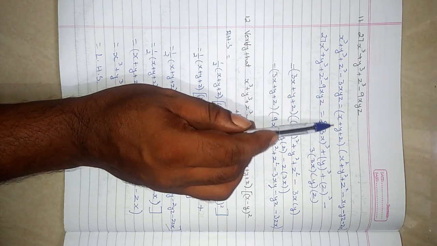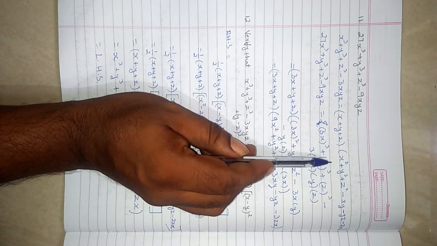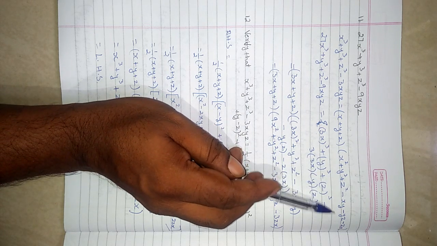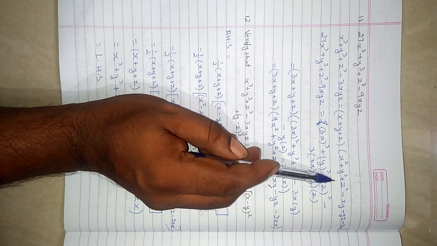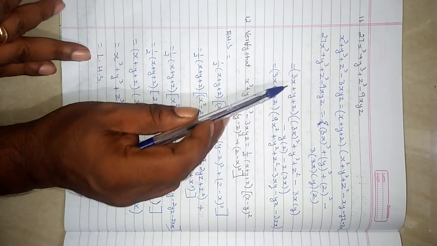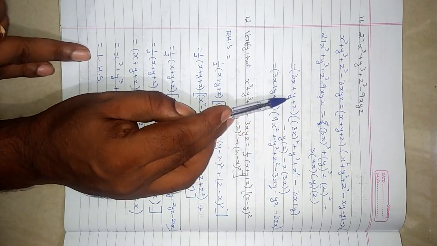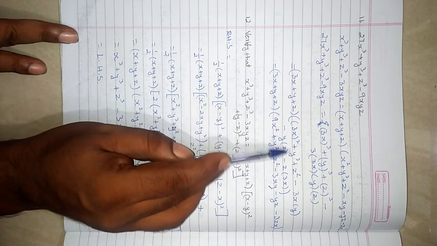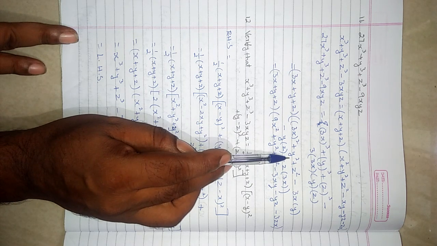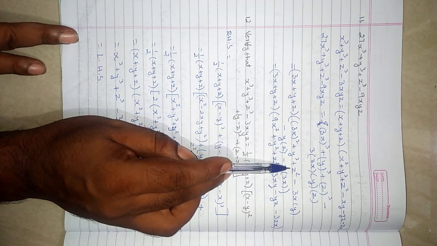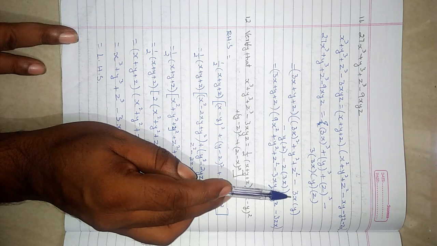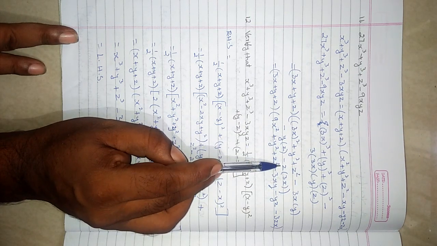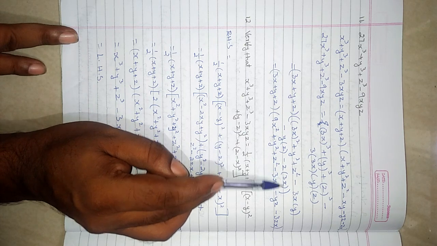So what is the RHS? (x + y + z)(x^2 + y^2 + z^2 - xy - yz - zx). So just substitute the values. Instead of x we have 3x, and y and z are the same. So (3x + y + z)((3x)^2 + y^2 + z^2 - 3x·y - y·z - z·3x).